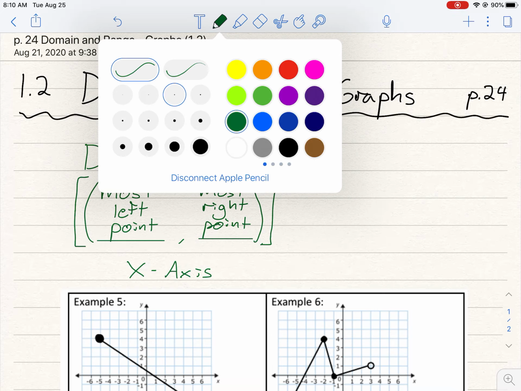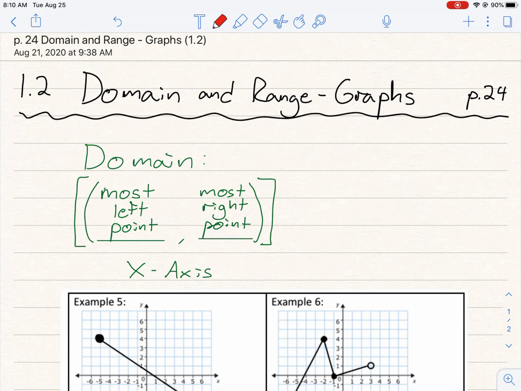Now similarly for range, which I'll do in red. Range is your lowest point to your highest.